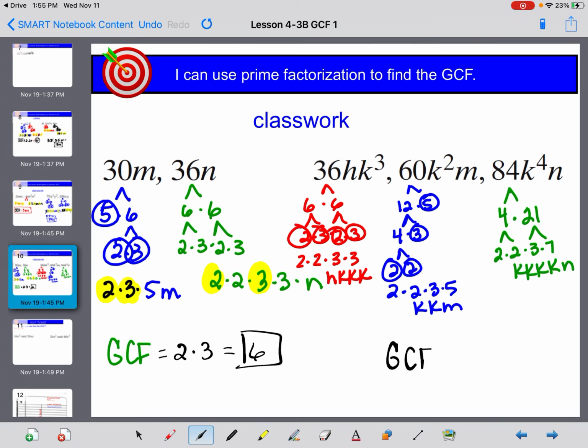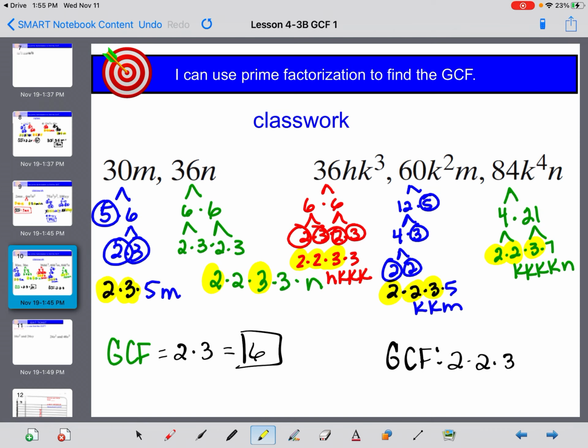Now let's find the greatest common factor between those lists. Well, I see that this list and this list all have a 2. They all have a second 2 also. Then they all have a 3. They don't have a second 3, they don't have a 5, and they don't have a 7. So I'm done with the numbers.